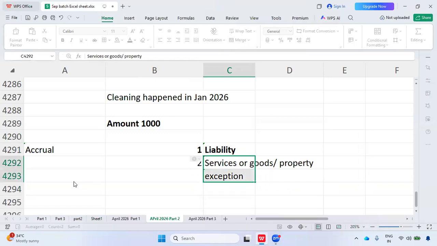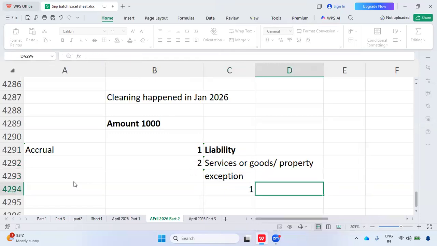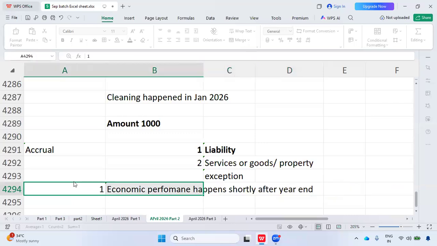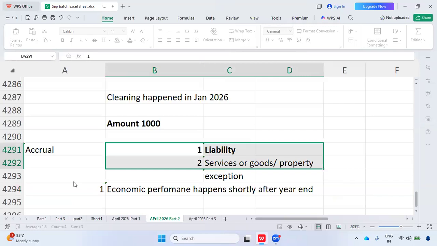The exception rule: the economic performance should happen shortly after year end. If yes, then we can go with this exception, and we can claim it as an expense.